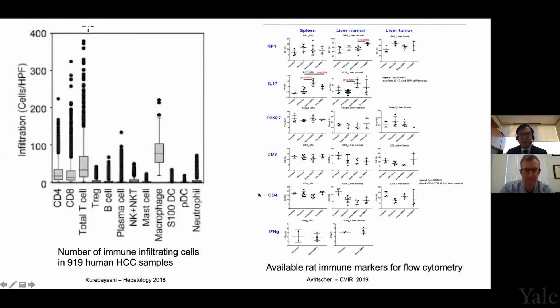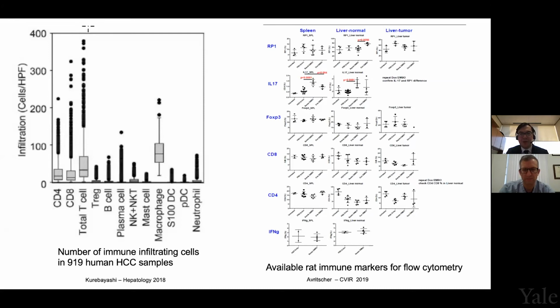For those not familiar with these markers, CD4 and CD8 are the T cells, the helpers and the effectors. FOXP3 is a marker for the Tregs, which are CD4s that are immunosuppressive in action. RP1 is a marker for neutrophils.